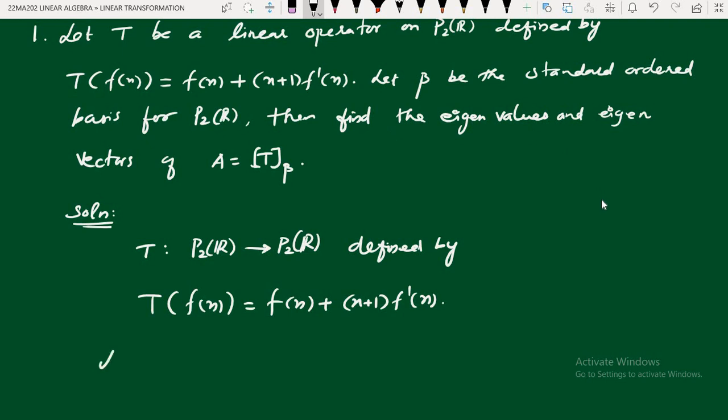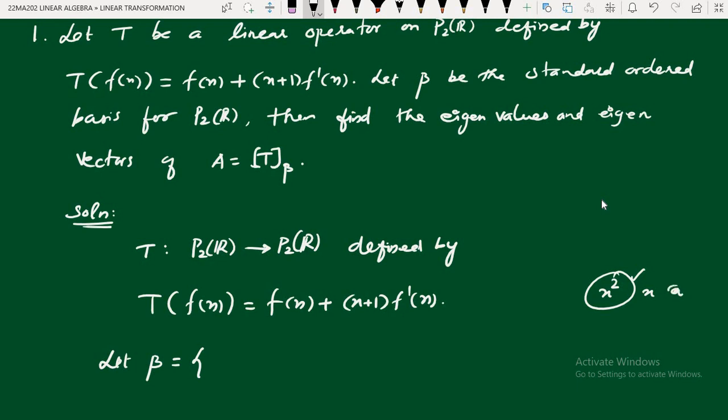So we have to take the basis of P2 of R. P2 of R is nothing but the set of all second degree polynomials. Second degree polynomial means the highest power of x is 2. So that polynomial definitely should contain the x squared term. With that, the x term may be included or some constant may be included.